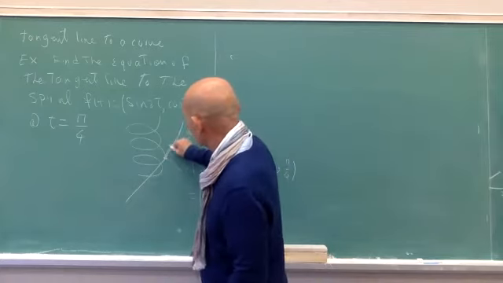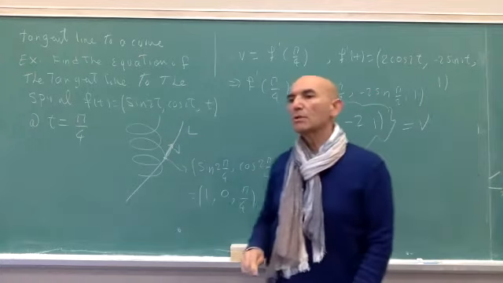So f prime at pi over 4 is equal to twice cosine of pi over 2, negative 2 sine of pi over 2, and 1. So this is 0, this is minus 2, and this is 1. This is the direction vector v.